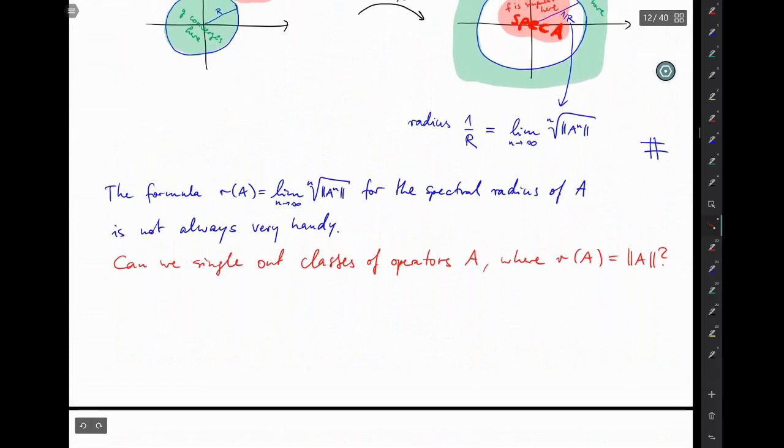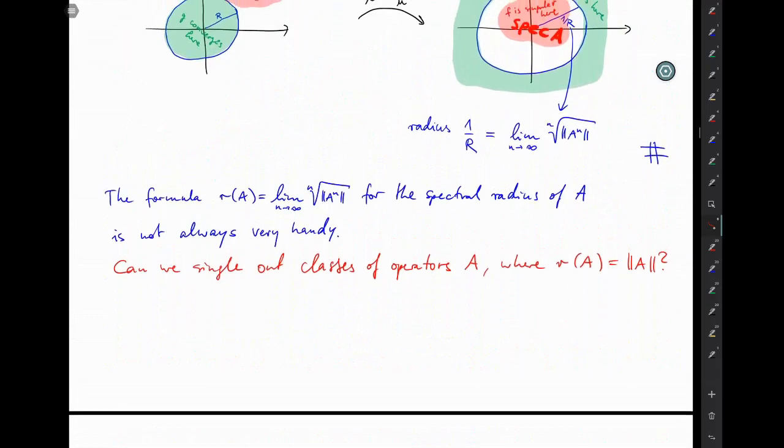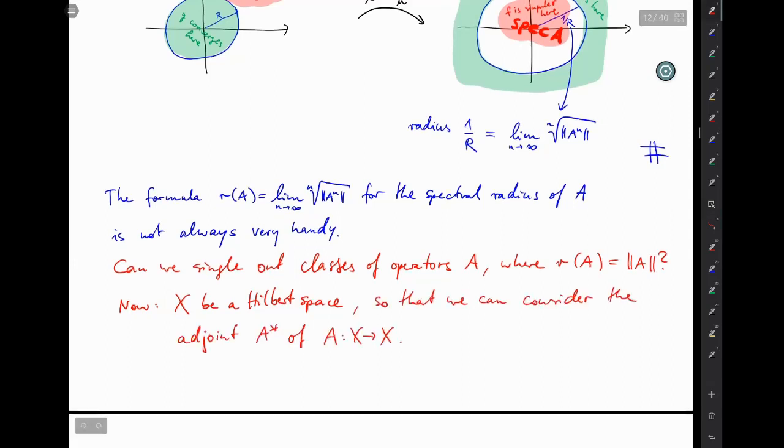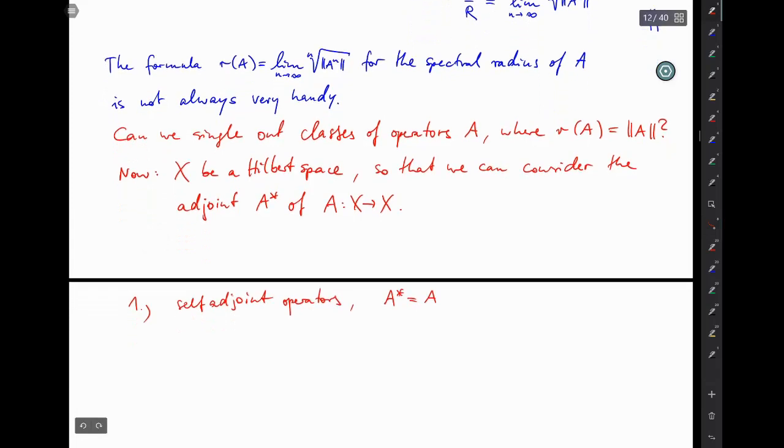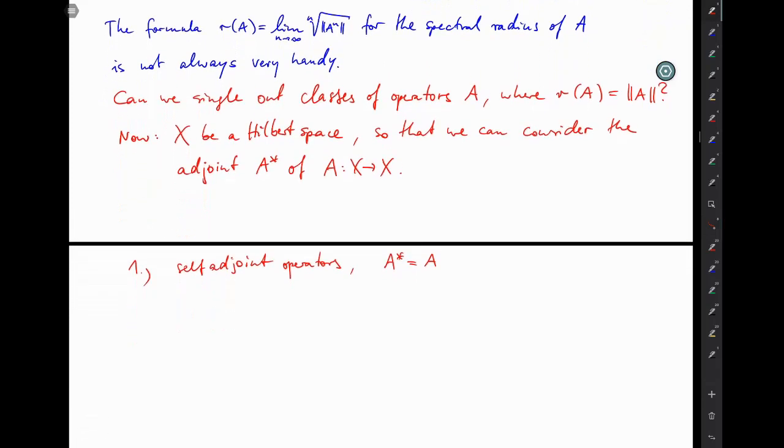And to do so, we now go to Hilbert space so that we can talk about the adjoint operator of A. And then here is a first class where we think, yes, the spectral radius may be the norm of A. Let's try self-adjoint operators, which means operators A for which the adjoint is A itself.